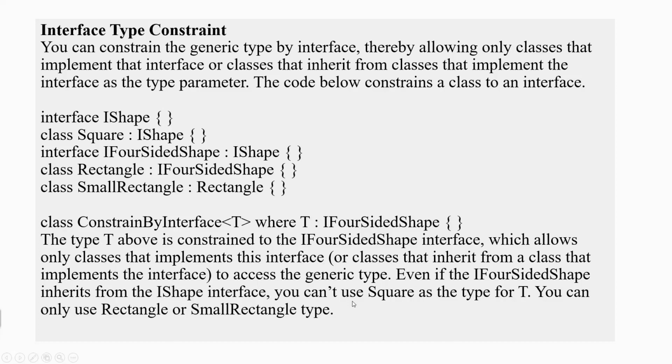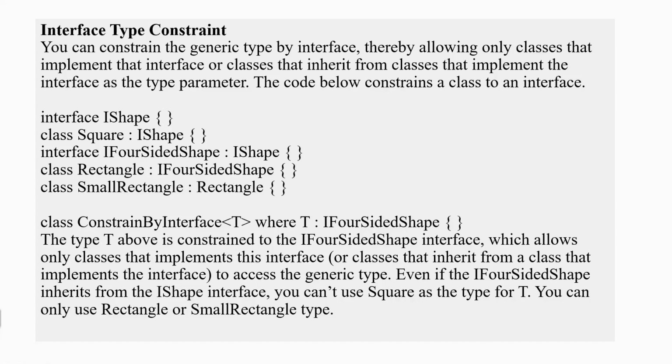Even if I4SidedShape inherits from the IShape interface, you can't use Square as the type for T. You can use only Rectangle or SmallRectangle, because this is directly implementing I4SidedShape.